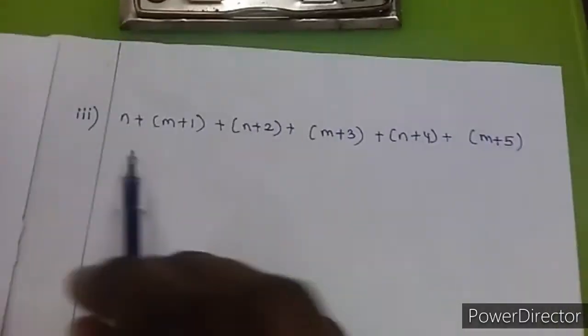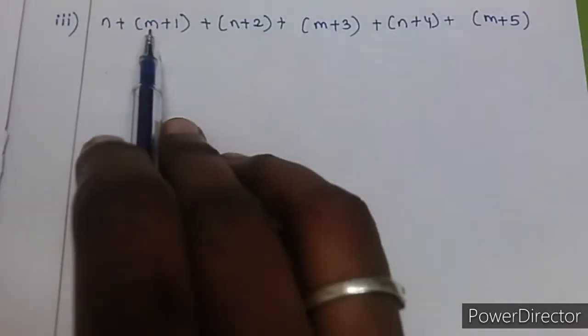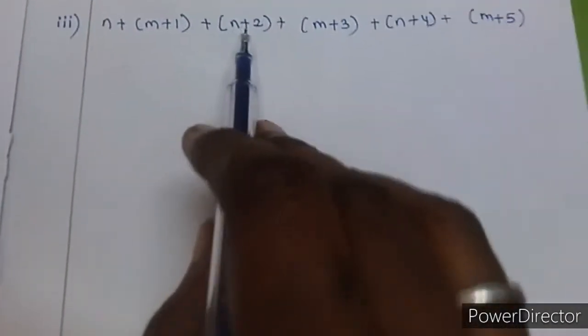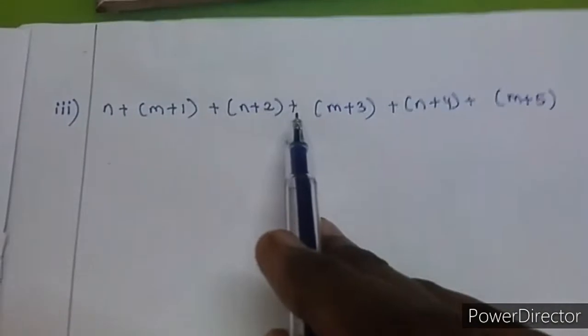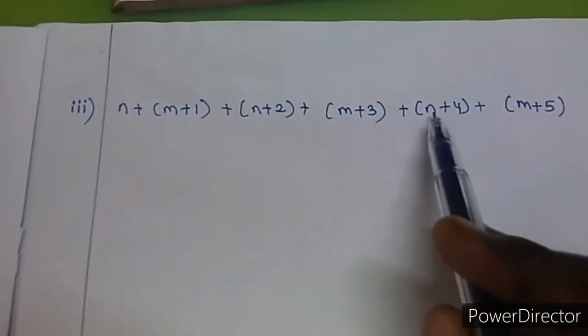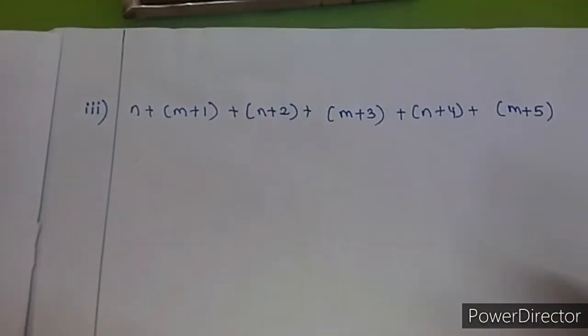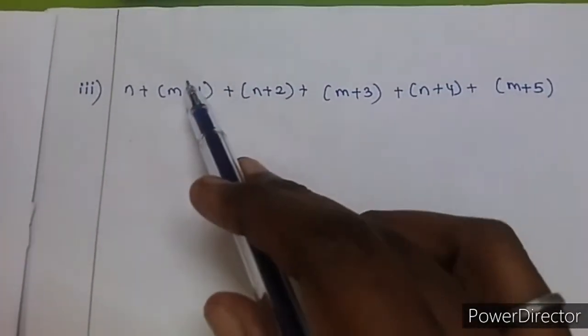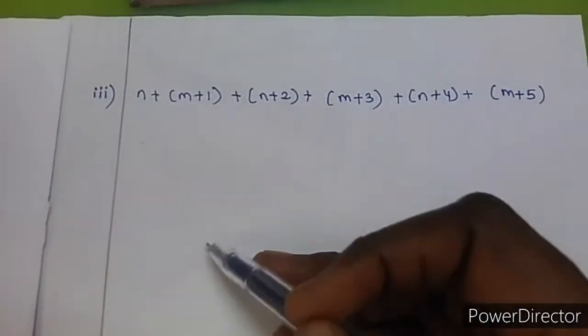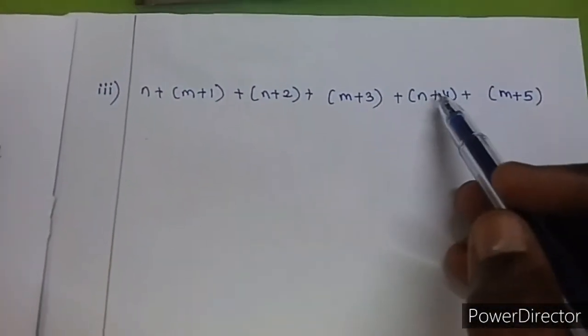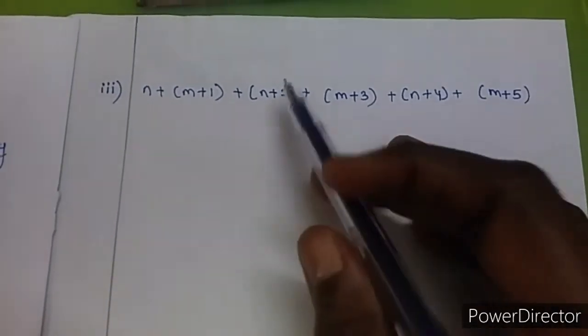There they given the question as n plus m plus 1 plus n plus 2 plus m plus 3 plus n plus 4 plus m plus 3. I am trying to arrange the m terms and all in one category and n terms in next category.